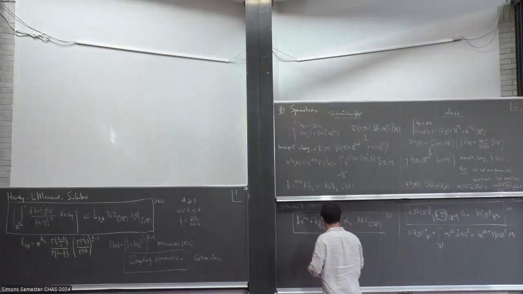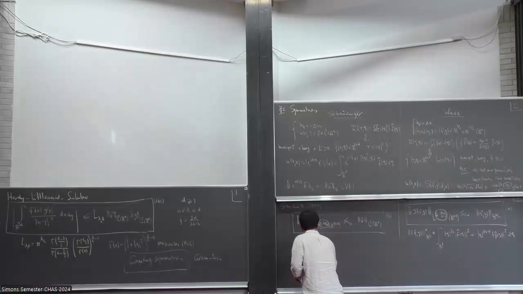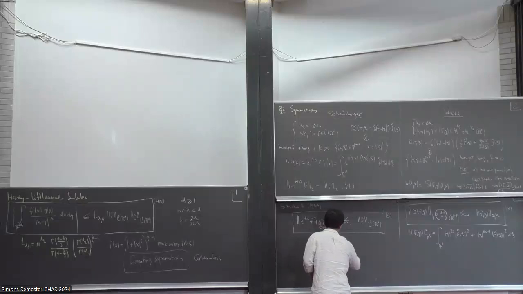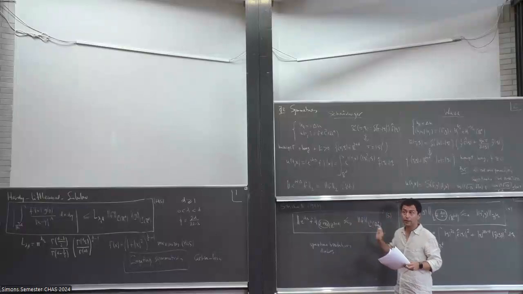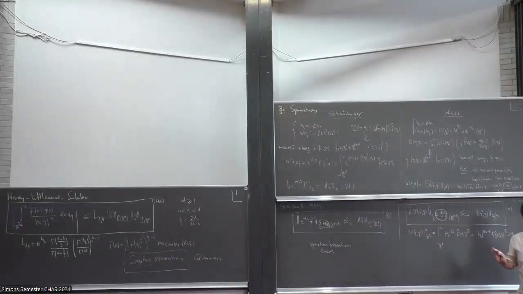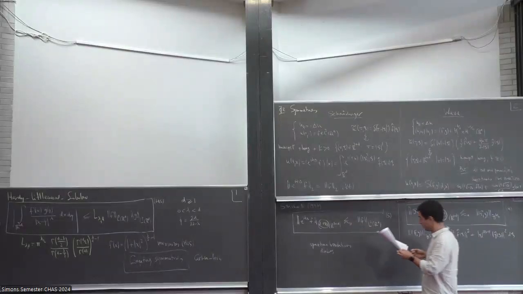So you have some pretty easy ones to verify, like space-time translations. Dilations. Dilations will be either parabolic dilations in the case of the Schrödinger equation or isotropic dilations in the case of the wave equation.